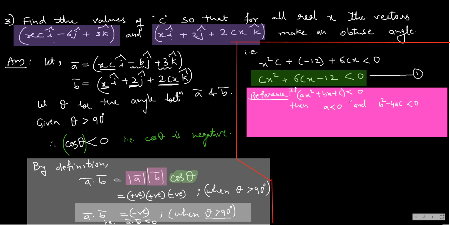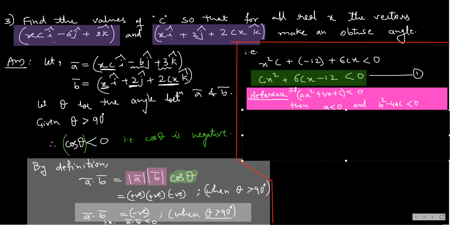A will be less than 0 and the delta, that is the discriminant, b square minus 4ac, will also be less than 0. So this thing you need to remember here.